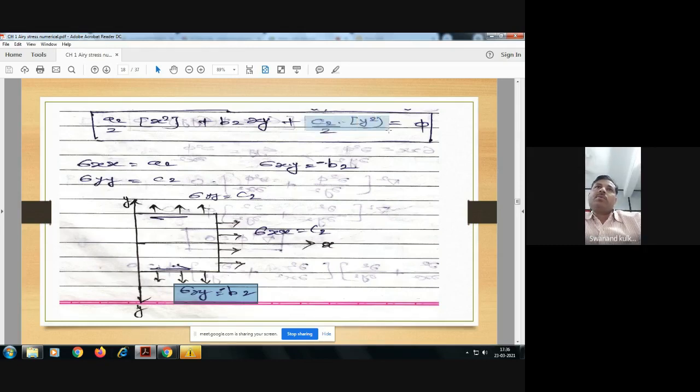When we take differentiation with respect to y, this term will become 0. So these two end terms will become equal to 0.